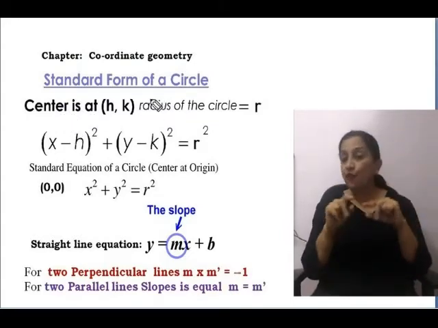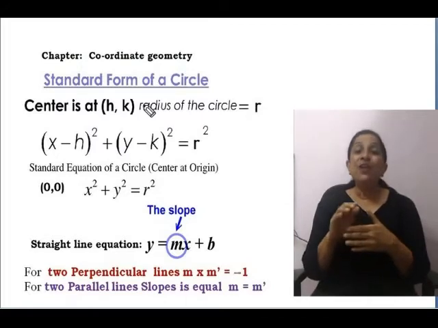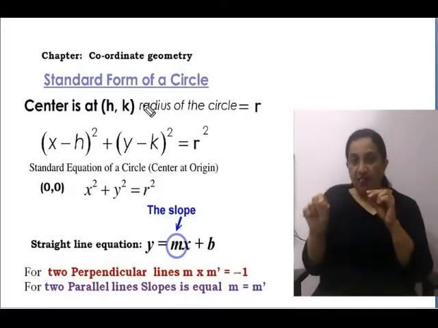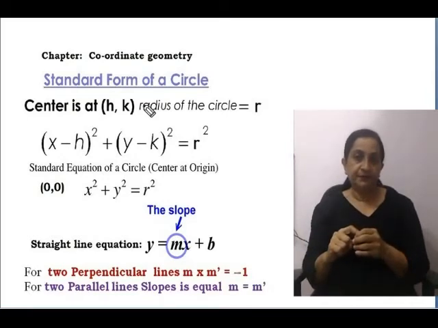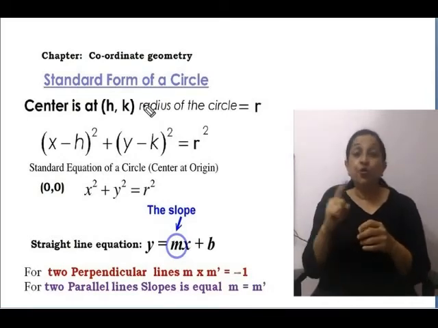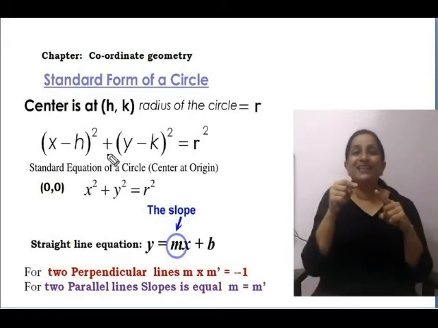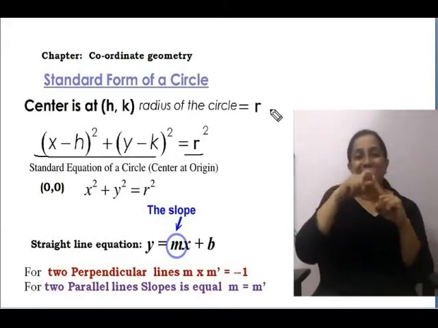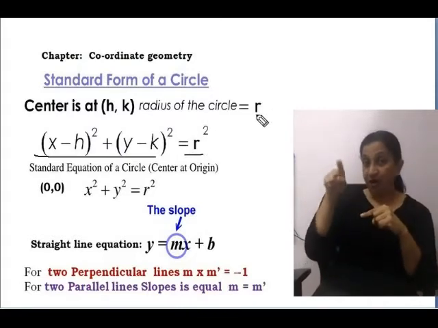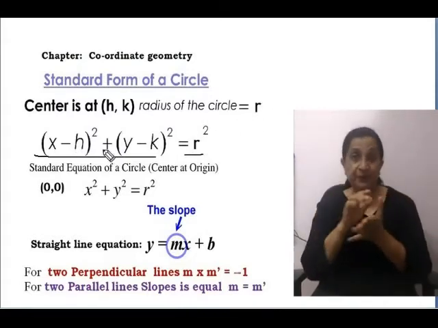If they ask for the formula of a circle, then it will be (x minus h) squared plus (y minus k) squared is equal to r squared. R is the radius. Sometimes they will give you the radius and then the values of h and k.